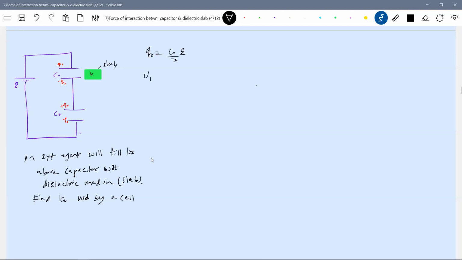So the initial energy in the capacitor will be half of the EMF times the charge. I'll write it another way: Q naught square by 2 C naught effective, that is, Q naught square by C naught. What is Q naught? Q naught is C naught E by 2.